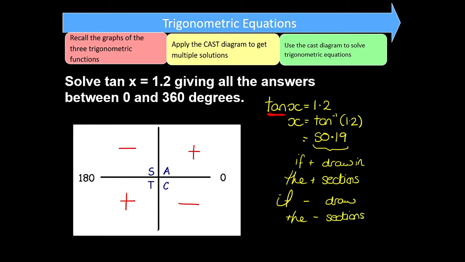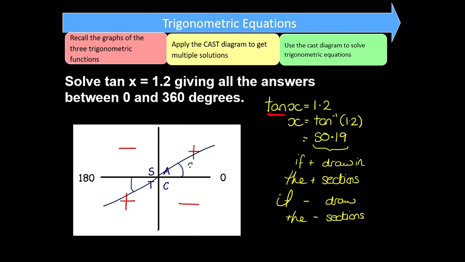Now, all angles are always drawn from the x-axis. If you notice on my CAST, I haven't even labelled the y-axis. It's because I don't use it. I only use the x-axis. So I have a positive angle, so I'm going to draw it in the positive sections, labelled from the x-axis.